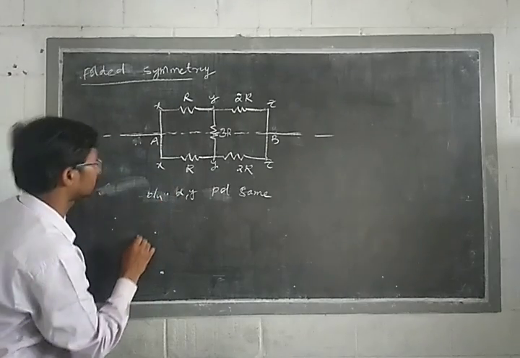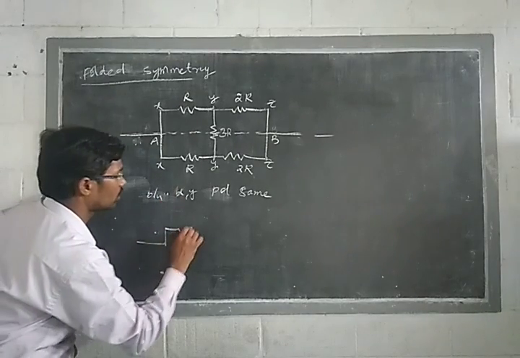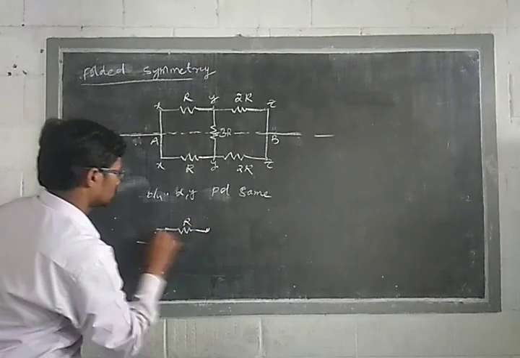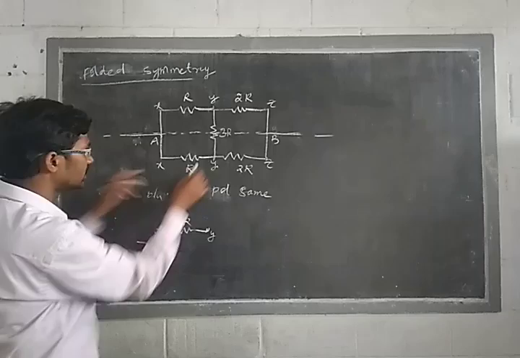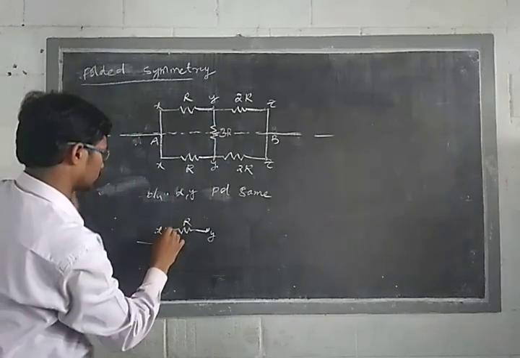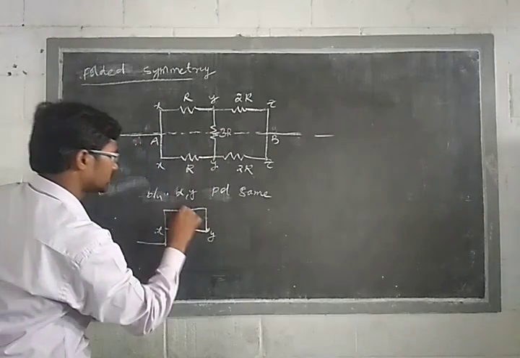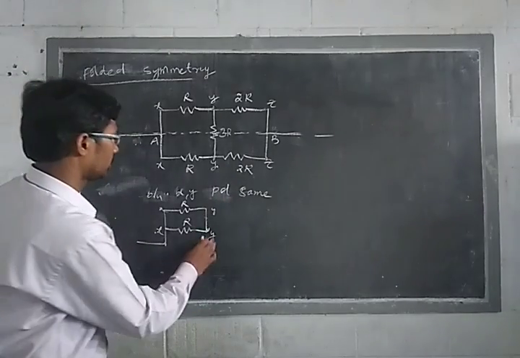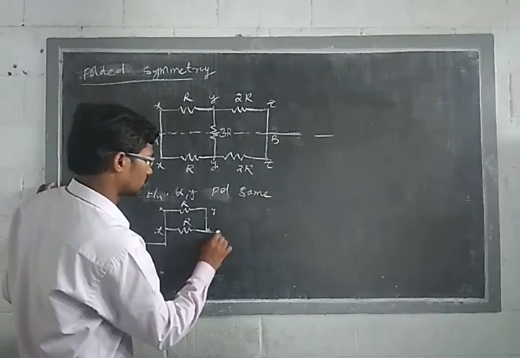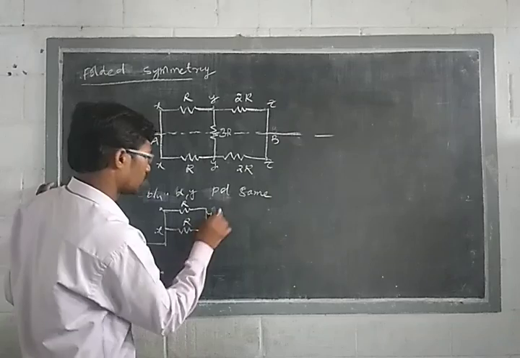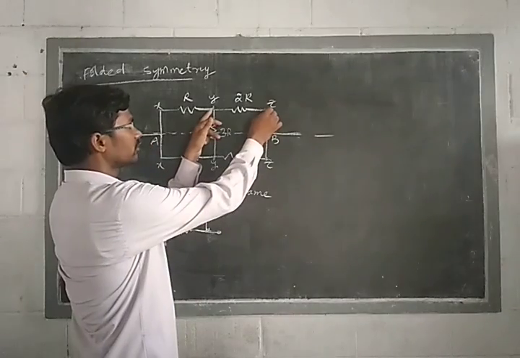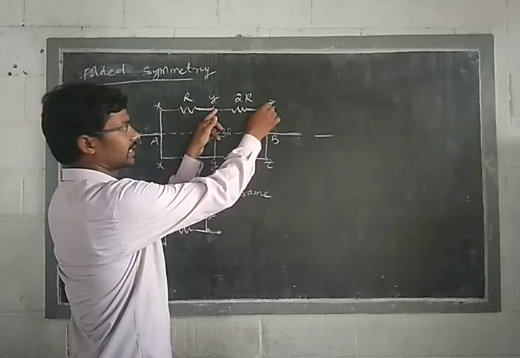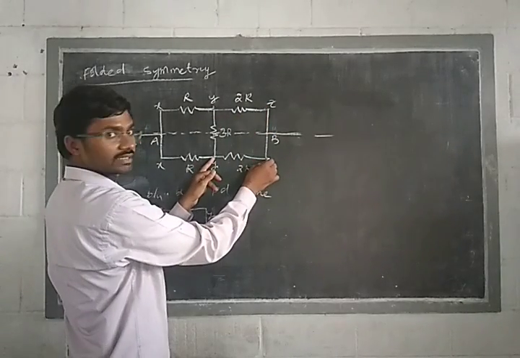So let me redraw that one. Here we have R. So it is X, Y, and let me take this also here only. Folded symmetry. X, Y. Is it okay? So next, let me take Y. In between Y and Z, here we have 2R, and here also Y and Z, 2R.